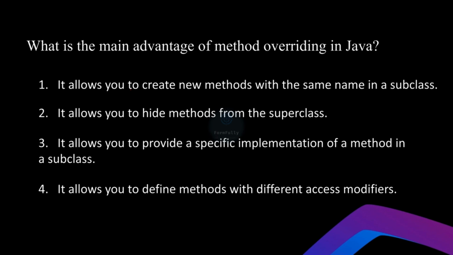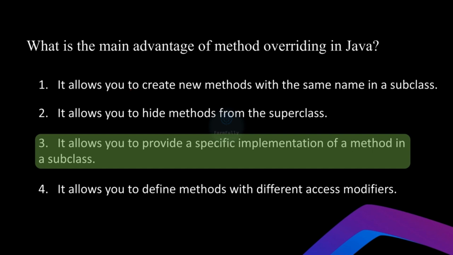And the correct option is it allows you to provide a specific implementation of a method in a subclass, because method overriding allows a subclass to provide its own implementation for a method that is already defined in its superclass. Option A is incorrect because this describes method overloading, not method overriding.